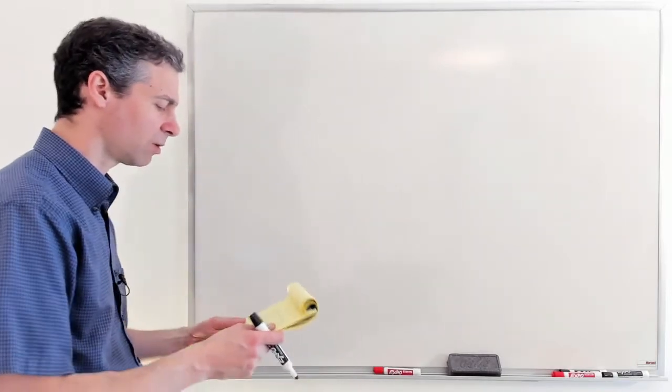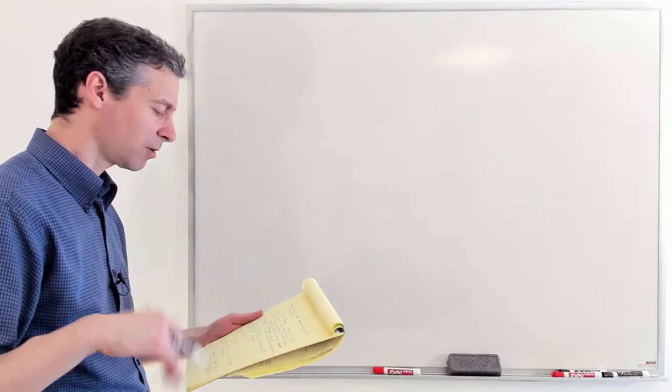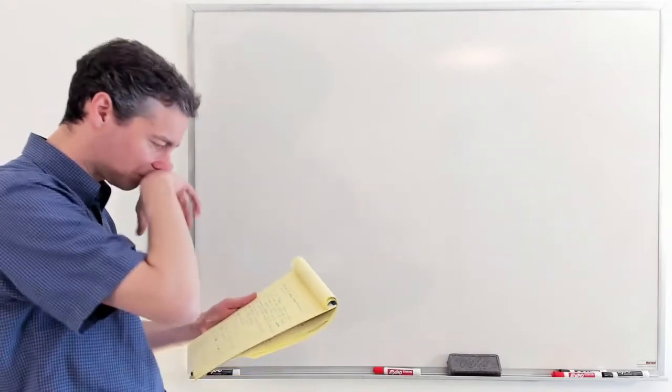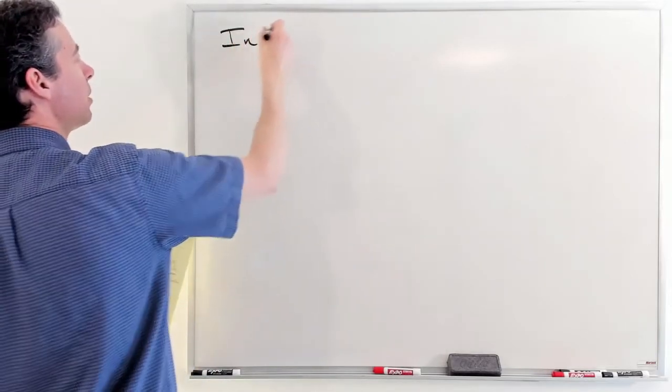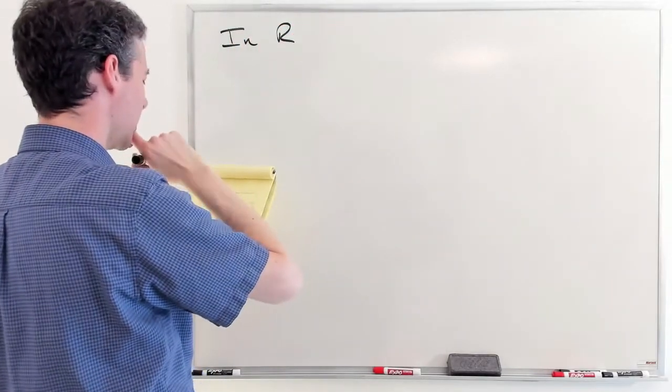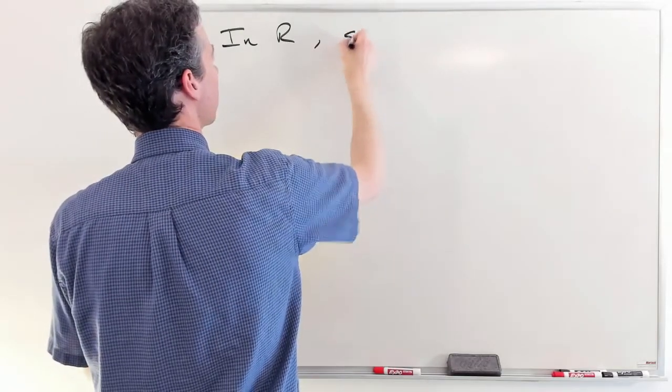All right, so where do we go with this? Where's this whole anonymous function? So I want to show you an example here. Let's go back to R. In R, there's a neat method called sapply.